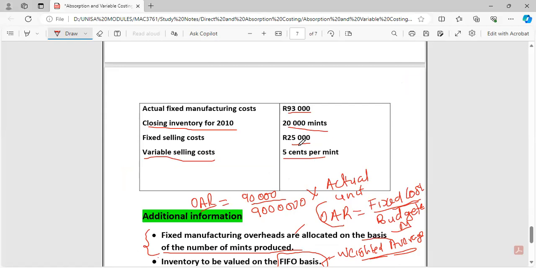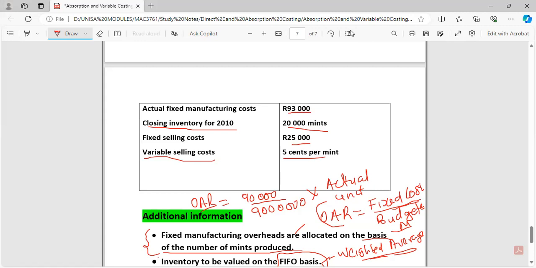There is 25,000 and this one. These are the fixed costs that we have: the actual fixed manufacturing cost and the fixed selling cost, which is 93 and 25.